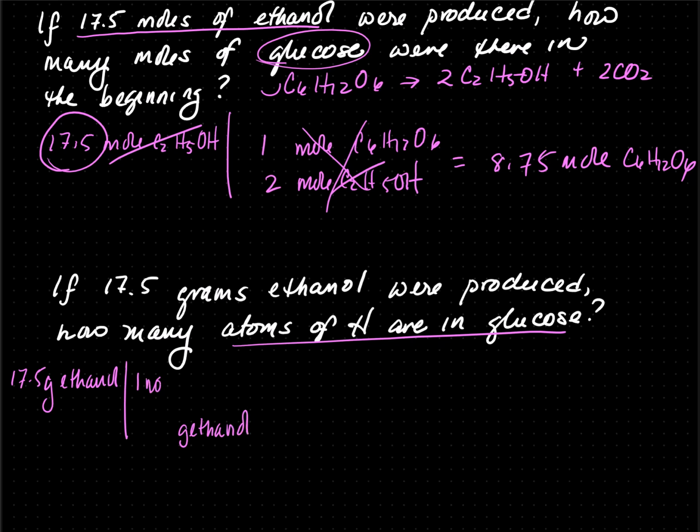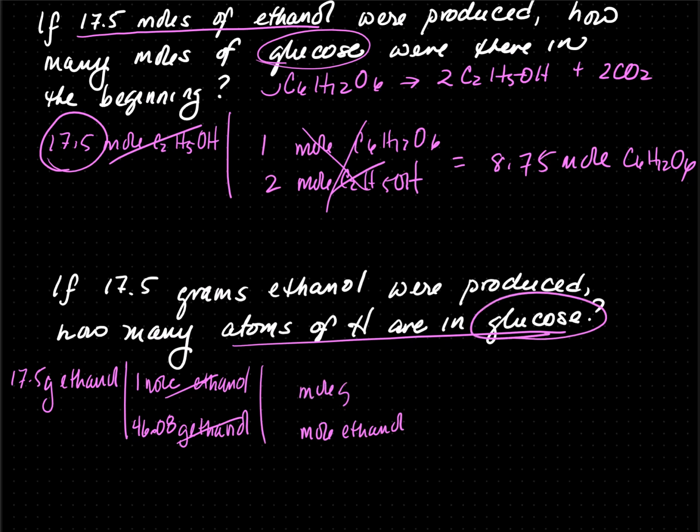So 1 mole of ethanol. We calculated that as 46.08 in the previous problem. The grams of ethanol cancel out. We don't want moles of ethanol, so we need to continue on. This is moles of ethanol, and we need to go to moles of glucose.